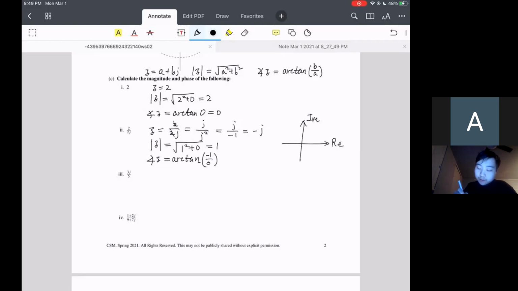We notice that z corresponds to the complex number negative j. And so its phase would then just correspond to this angle. Okay, but instead we can simply use the coordinate system to find out that the angle of z, or the phase of z, is actually equal to 3 over 2 pi.